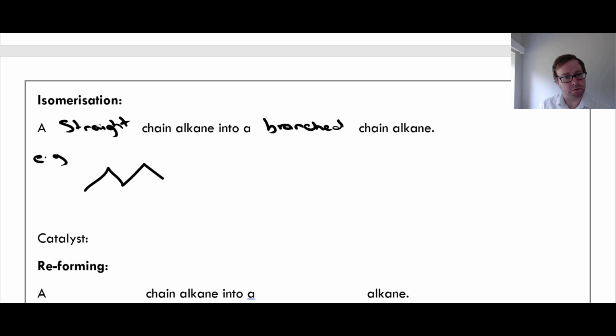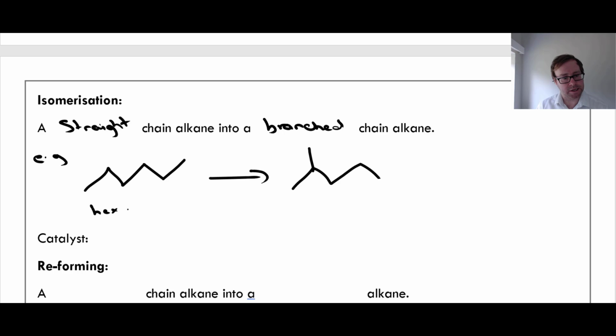We'll do it with hexane. So this would be hexane. And I'm going to turn it into 2-methyl pentane. Okay, so I've taken my straight chain and turned it into a branch chain.